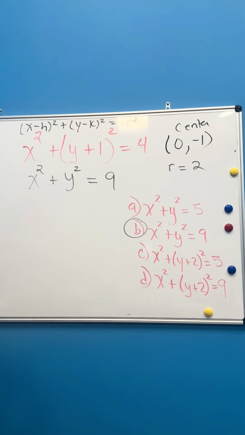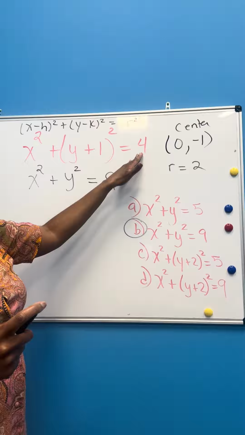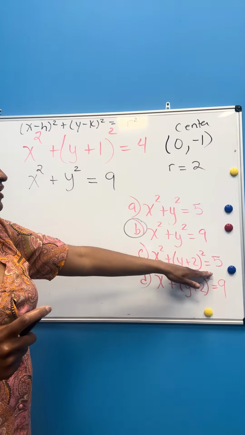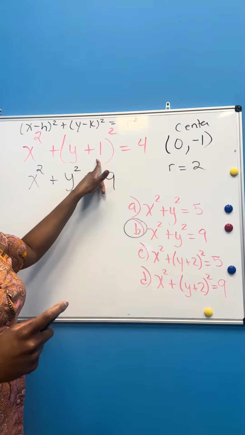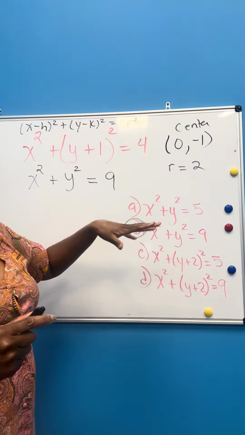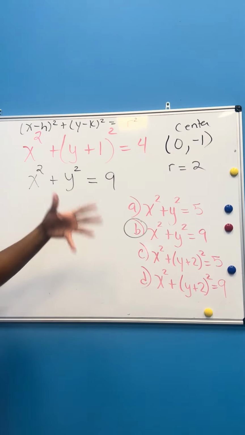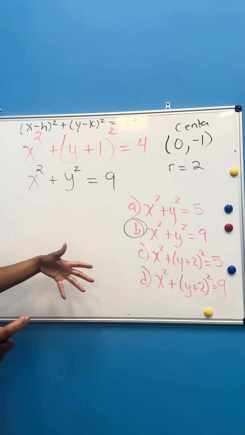So there are a lot of questions that might be distractors. At first you might think, oh, let me just add 1 to this 4 and make it 5, and this was 1, let me make it 2. But you've got to remember that the center is the opposite. So it's actually -1, and if it increases by 1, it becomes a 0.